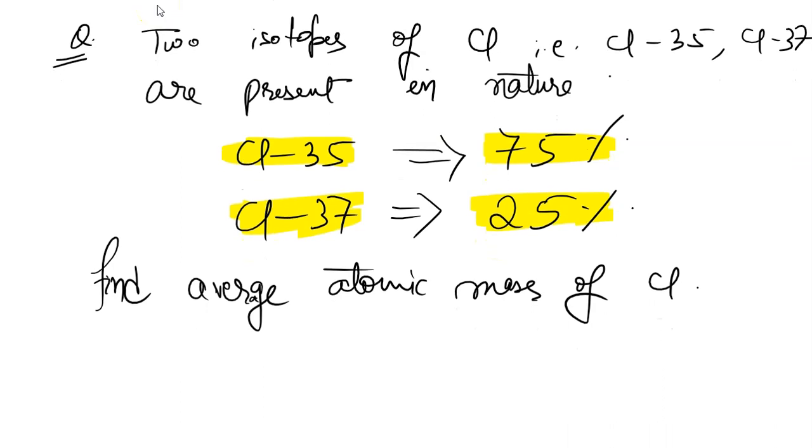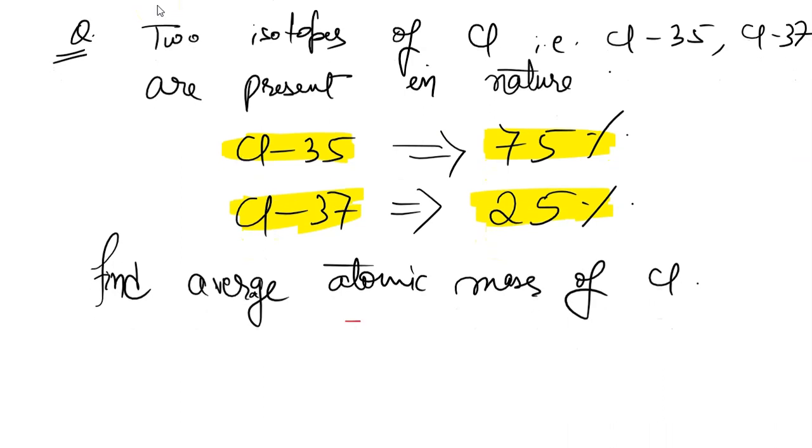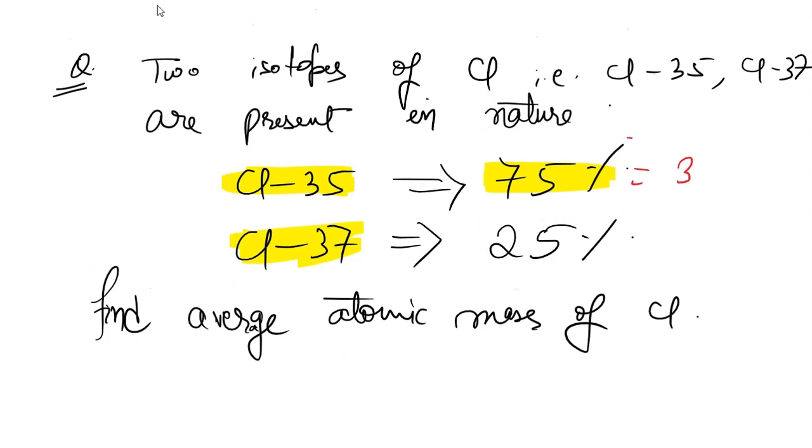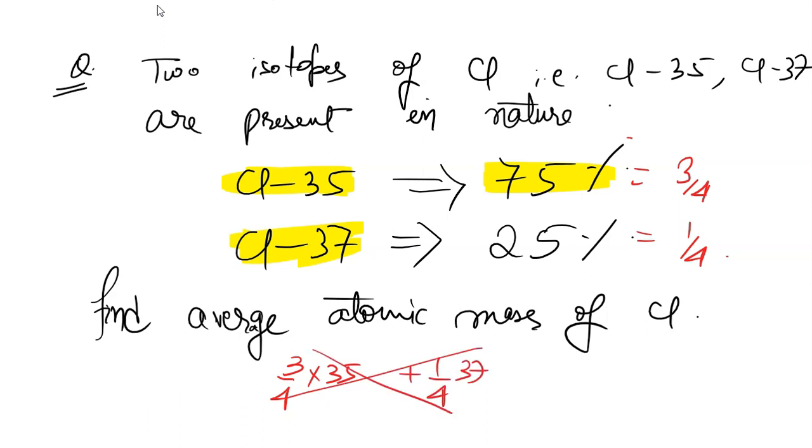That means the average atomic mass will be 35 into 75%, or from the percent you can say this is 3/4 and this is 1/4. So you can say 3/4 of 35 plus 1/4 of 37, or you can write in terms of percent: 35 into 75% plus 25% into 37 divided by 100.